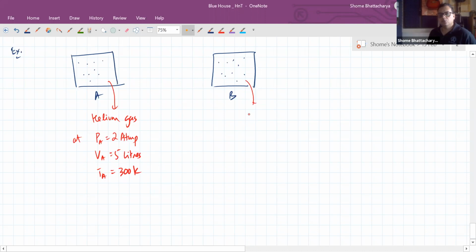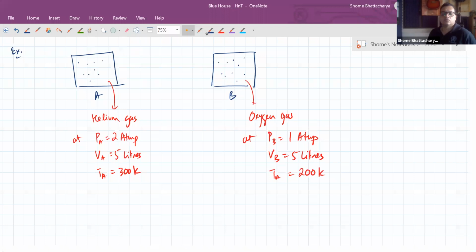Chamber 2 has oxygen gas at a pressure of 1 atmosphere, volume let's take same 5 liters, and a temperature of 200 Kelvin.